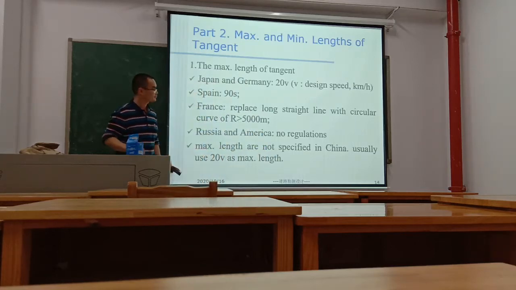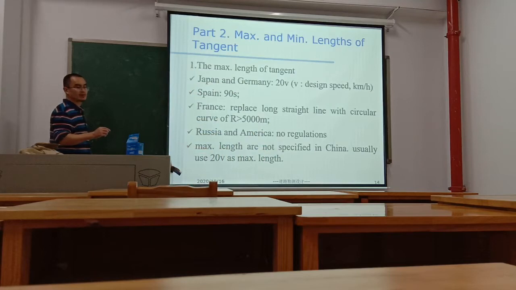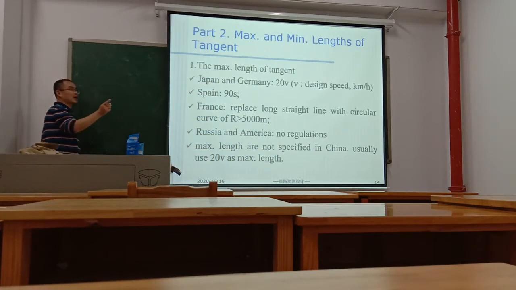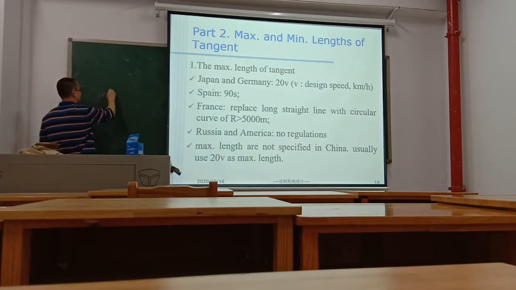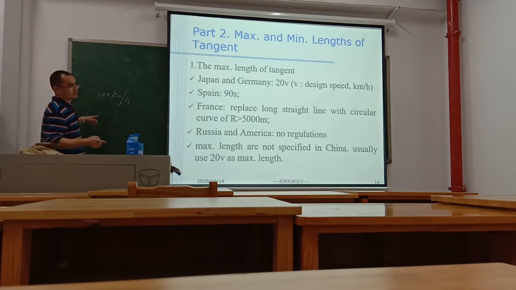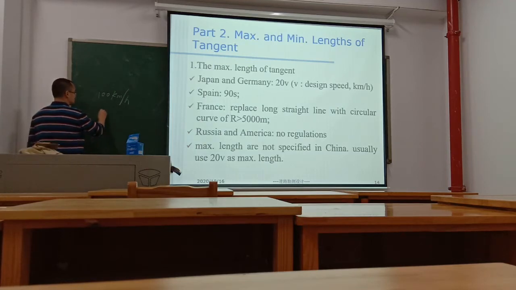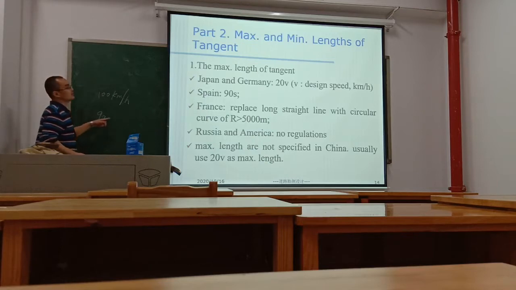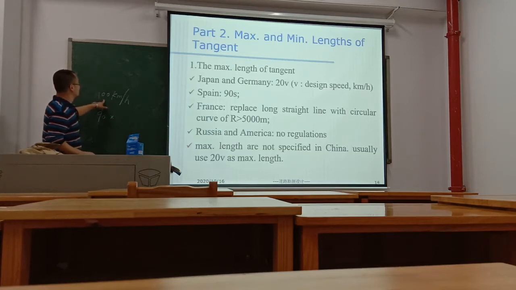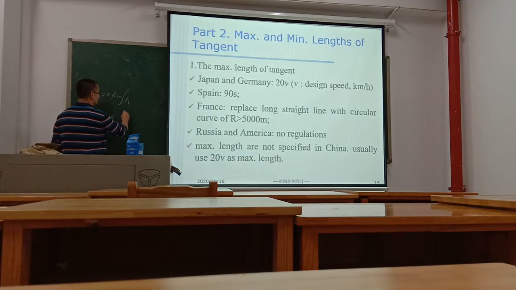If the vehicle drives at the design speed, how to compute the length in spring? The maximum is 90 seconds. How to convert to seconds?